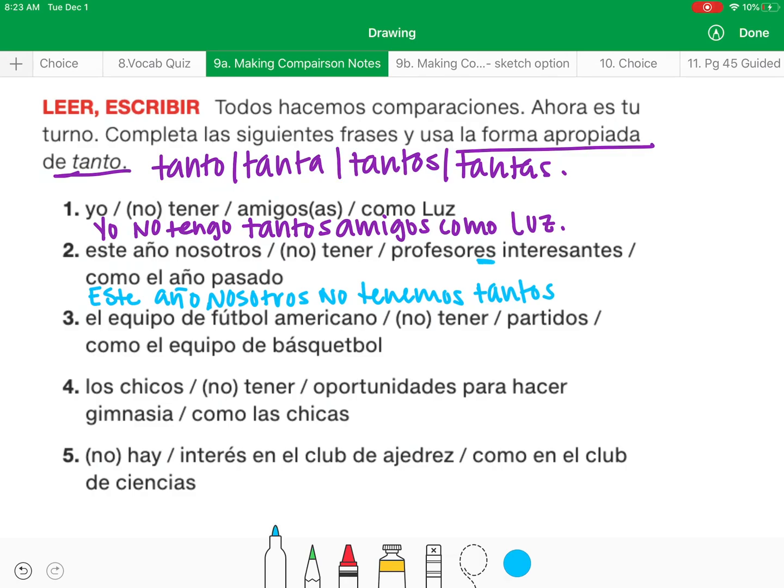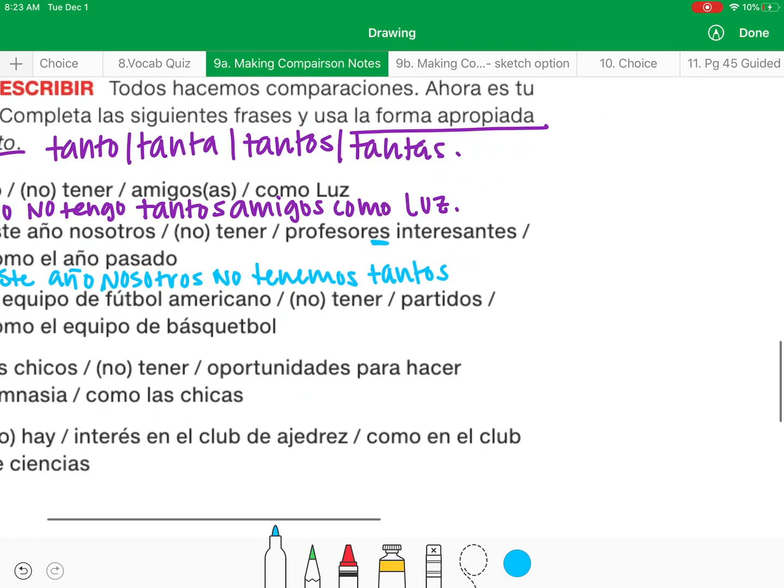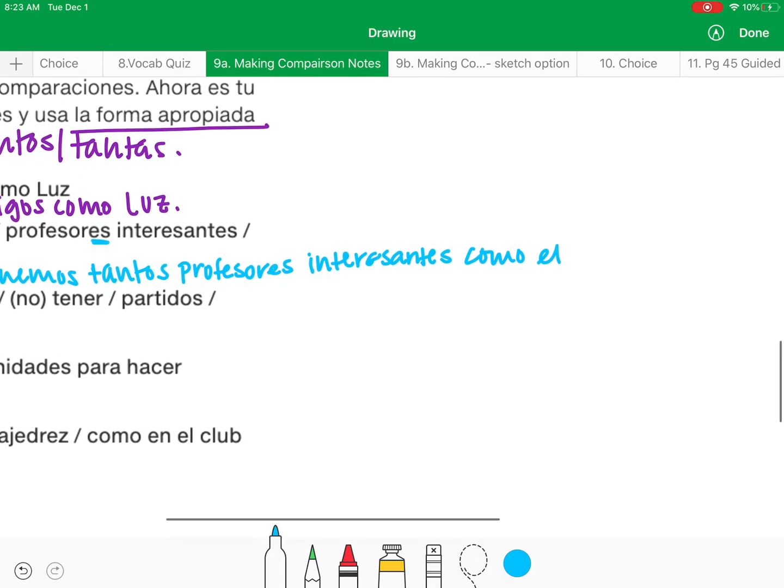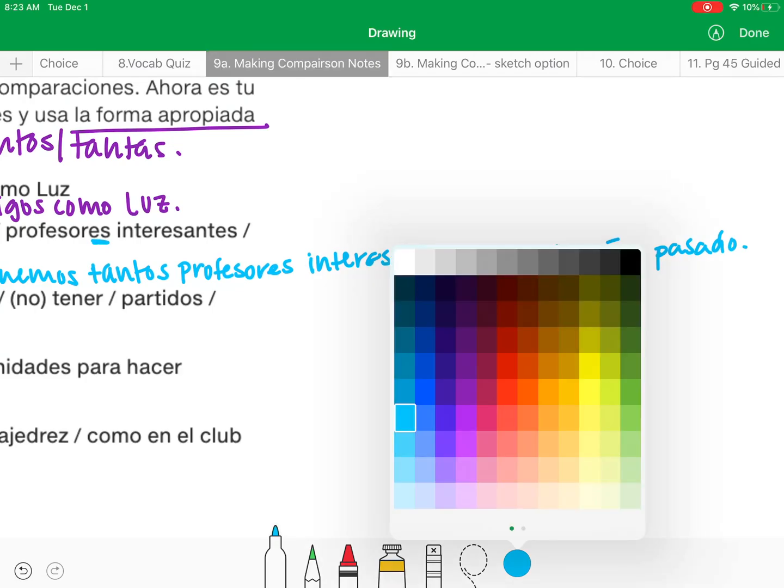Okay, because we're talking about profesores, which is masculine and plural. Profesores interesantes como el año pasado. That's a long one. Okay, go ahead and pause and do the next one.